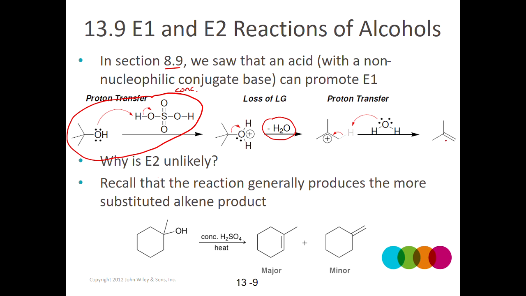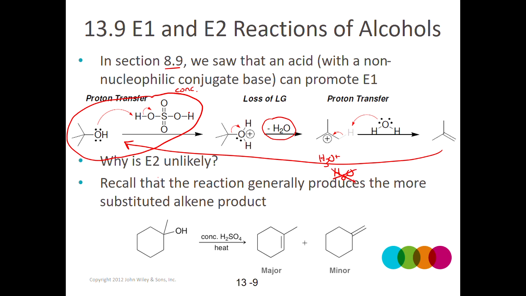So if we want to convert an alkene into an alcohol, we do the same reaction. We use an acid catalyst, but we use lots of excess water, since that's a reactant in the reverse direction, to shift it back toward the alcohol. If I want to shift it in the forward direction, I don't want that water.